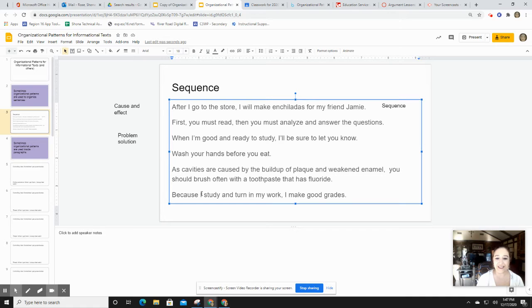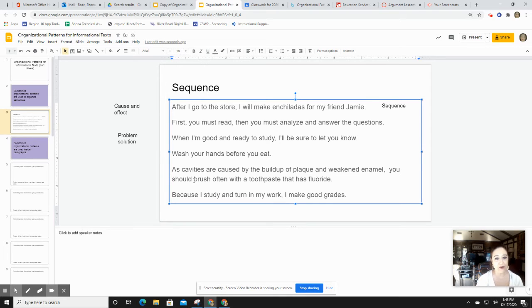In the next two, we look at some things here, and it says right here, as cavities are caused by the buildup of plaque and weakened enamel, you should brush often with a toothpaste that has fluoride. Now, we have a sequence word here, as, that these two things should be happening at the same time.